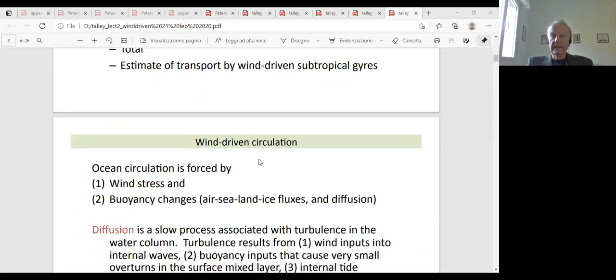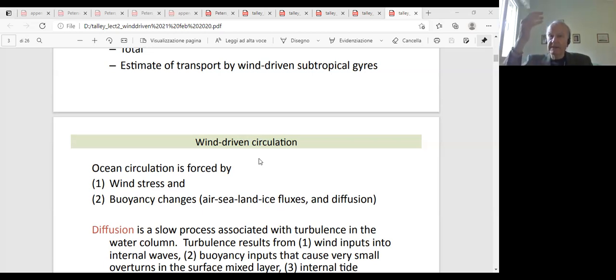So ocean circulation, the general circulation of the ocean, is driven or forced by the wind stress, as we have mentioned before, and by buoyancy changes, that means by the differences in sea surface temperature and salinity.